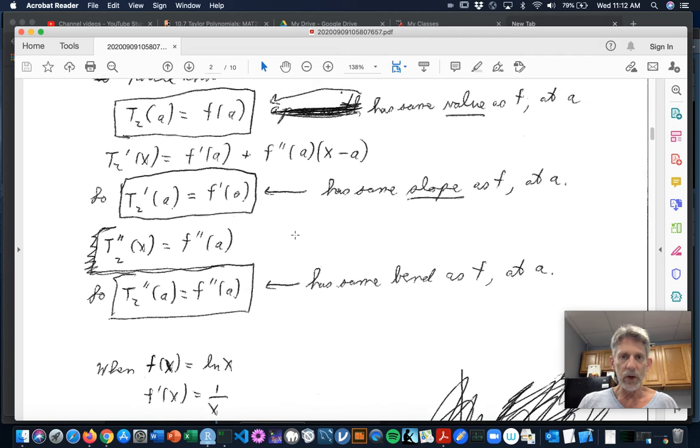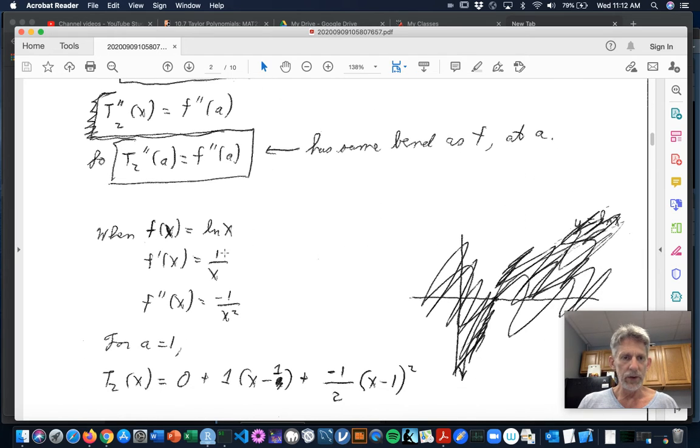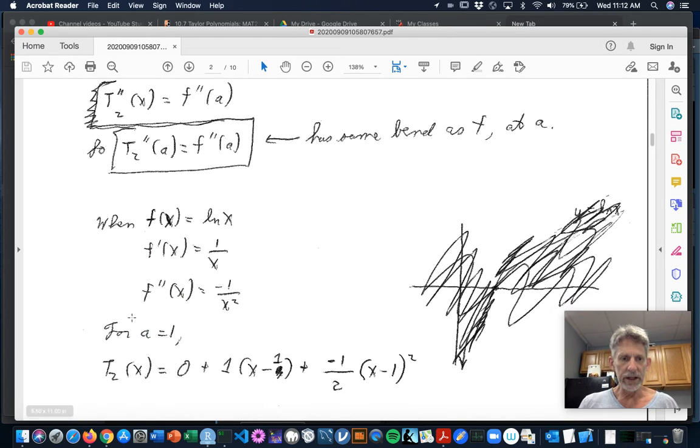So start with f of x is log of x, and I take its first derivative, and then the next derivative is negative 1 over x squared. So when I look for f double prime at a equals 1, when I put in a 1 here, I'll get a negative 1 out here.